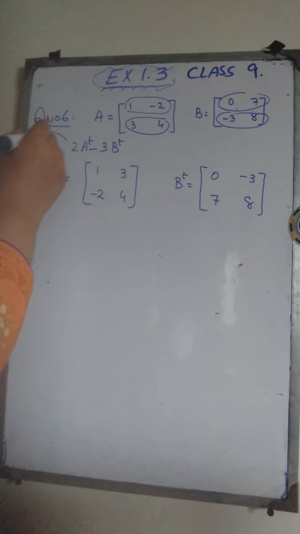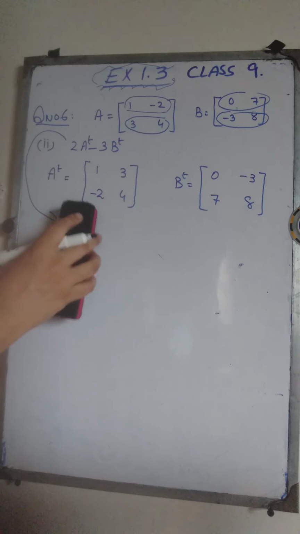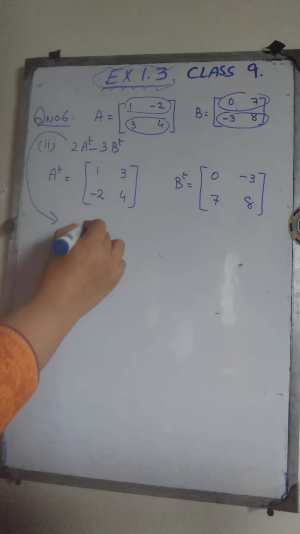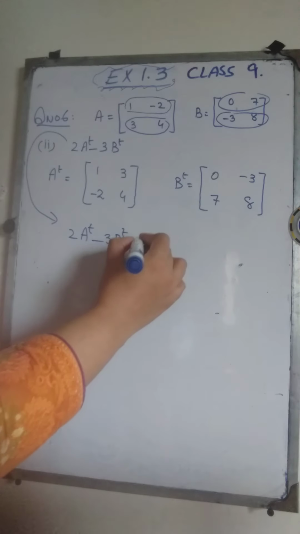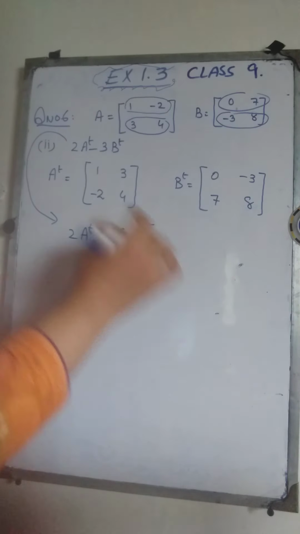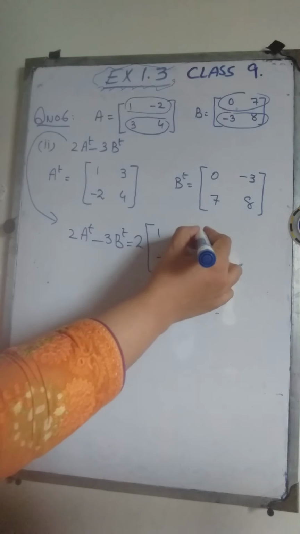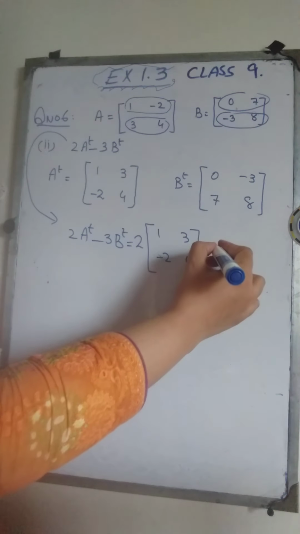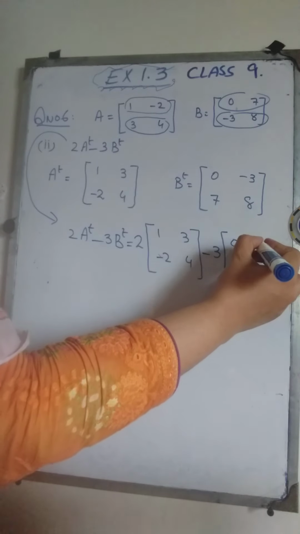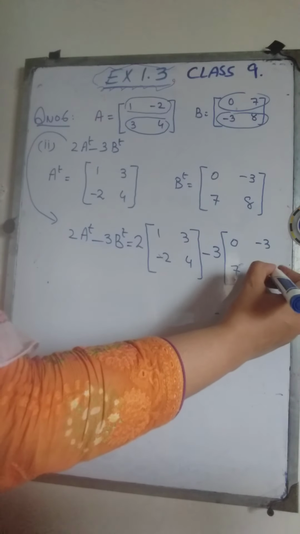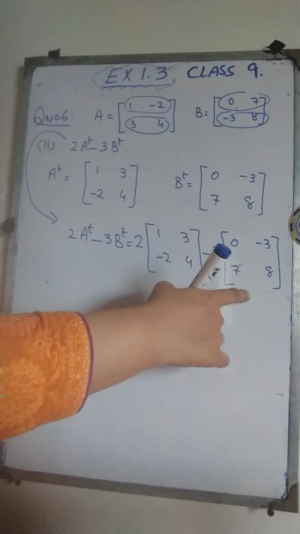So taking this expression here, 2 times A transpose minus 3 times B transpose will be equal to 2 times A transpose that you calculated here, 1, 3, negative 2 and 4, minus 3 times B transpose 0, negative 3, 7 and 8. Okay, so 2 times A transpose minus 3 times B transpose.